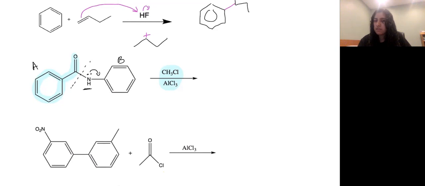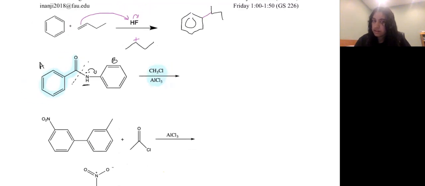But which product do you think would be more ideal? Considering steric hindrance, para, yeah. It is a methyl, so it's not too bulky, but I still think para would be favored because you have this nitrogen and that massive carbonyl spinning around.